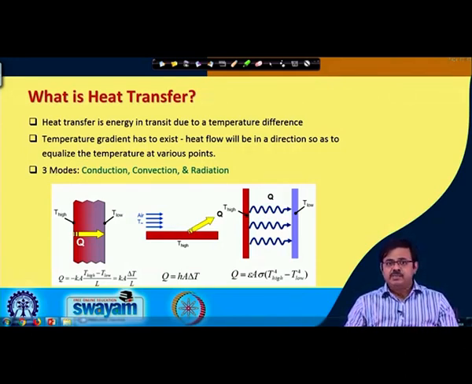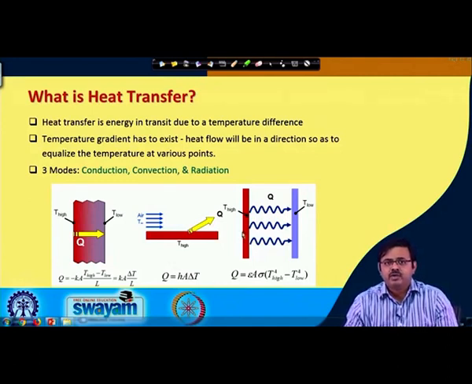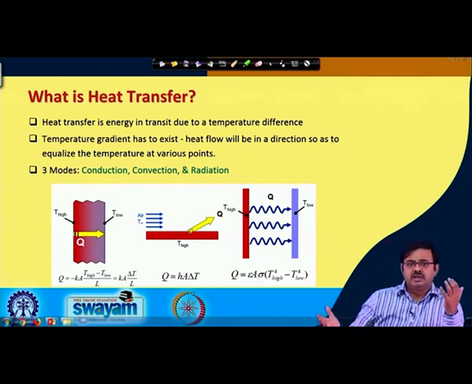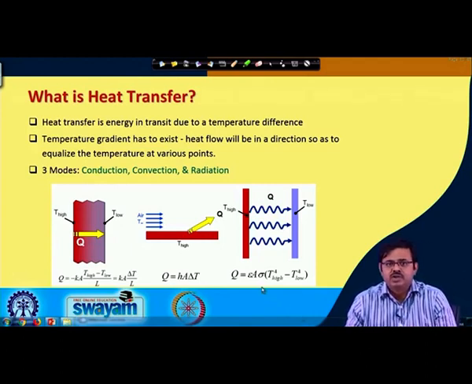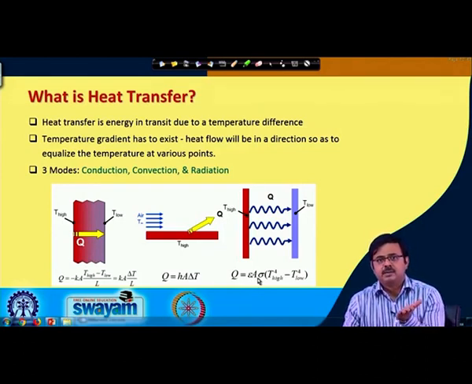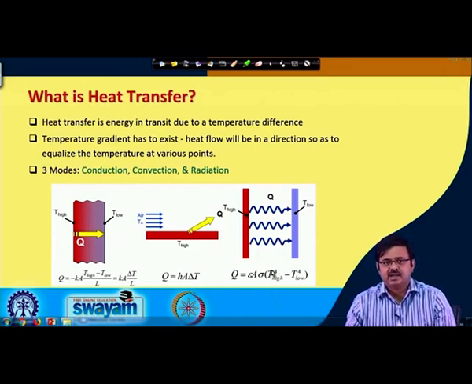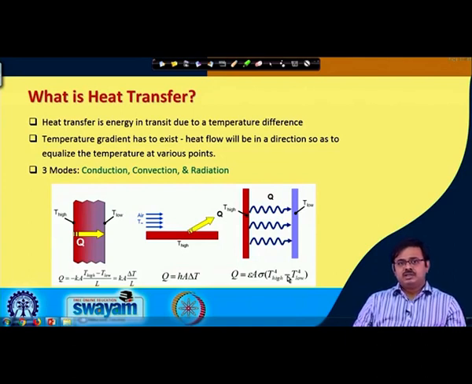In a very simple case where one surface is emitting radiation and it is received by a large surface around it, a simple expression is as shown over here: sigma epsilon A, where A is the surface area of that plate that is emitting radiation and is at the higher temperature, times the difference of the fourth power of their absolute temperatures.